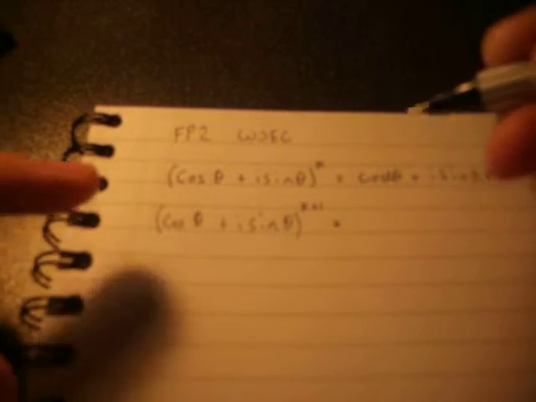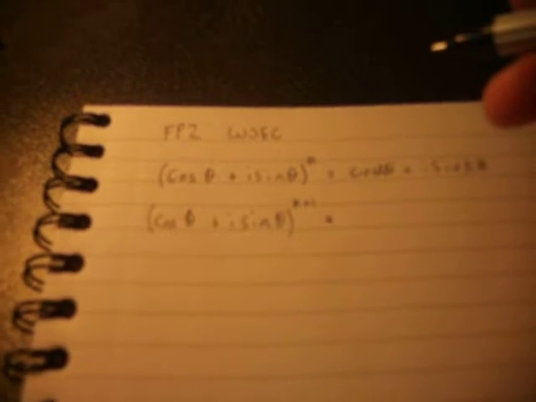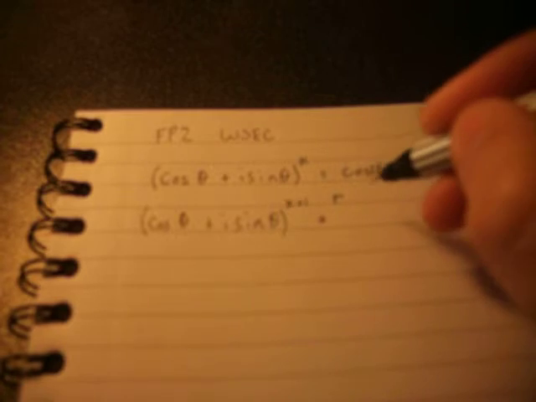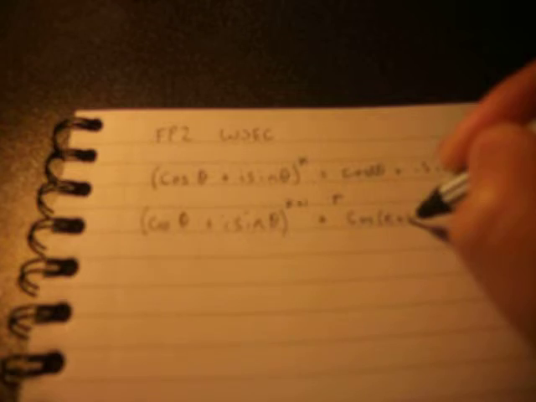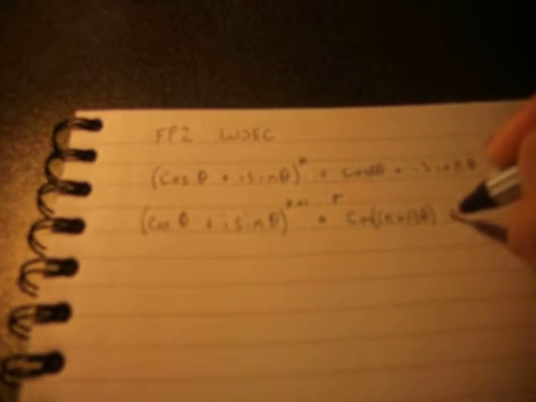And we're trying to prove, so I can't technically put the equals sign here yet, but what we're trying to prove, and I'll put these little funny square brackets here to show that, is that it is equal to cos (k plus 1) theta plus i sine (k plus 1) theta. So we can't use this result in our calculations. That's what we're working towards.